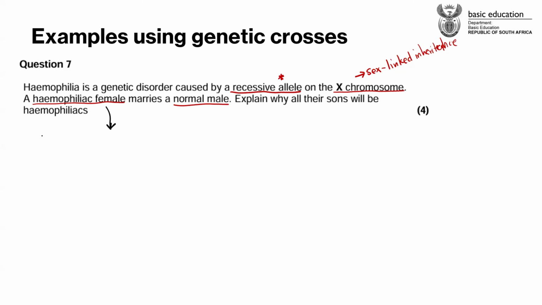Yes, Yango. X to the power of small letter h and X to the power of small letter h. Okay. All right, because I already explained to you guys that we can only have a hemophiliac female if she has both recessive alleles, because a recessive allele can only be shown if it has another recessive allele next to it, all right?